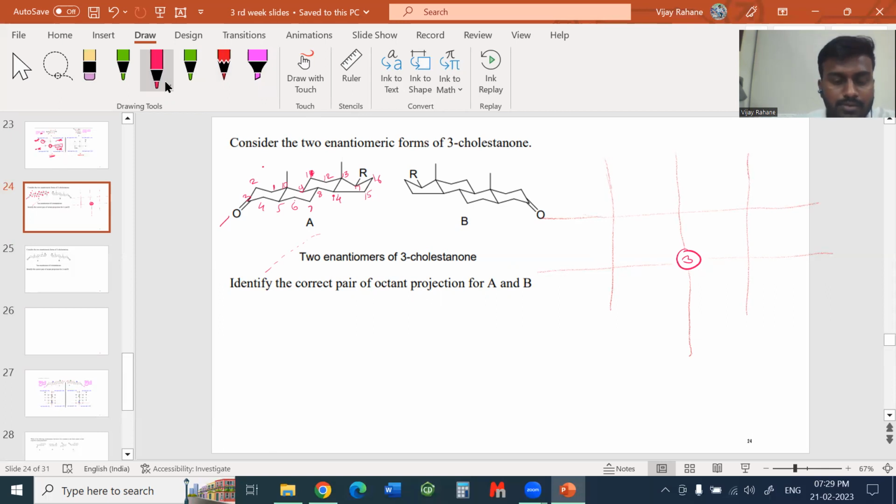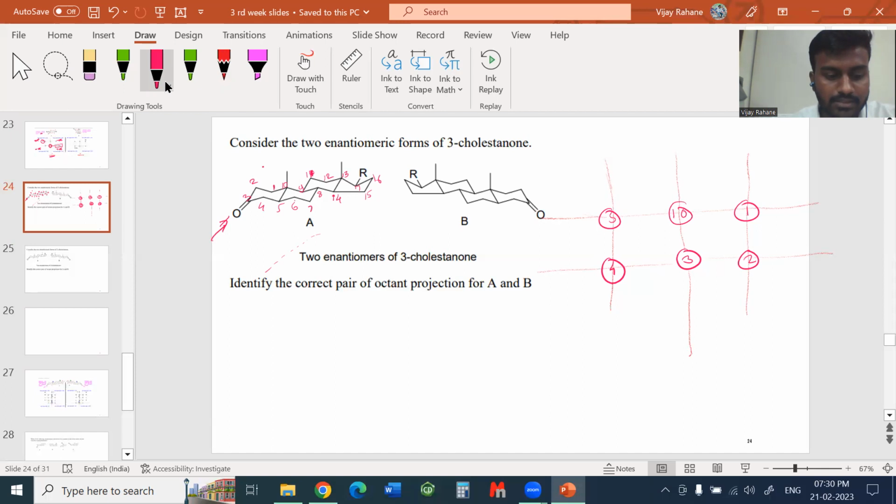Since this carbon is on the leg of the chair, whatever we are seeing, we need to draw opposite. So this 4 and 5, we can see on the right side if we look from this side, but while drawing it should be on the left side. So 4 and 5 will be here, and the 10 will be here. Here will be a 2, and 1 should be here. Right.